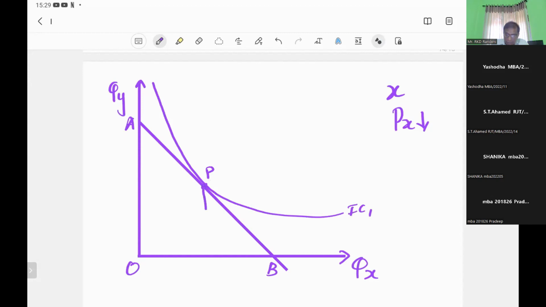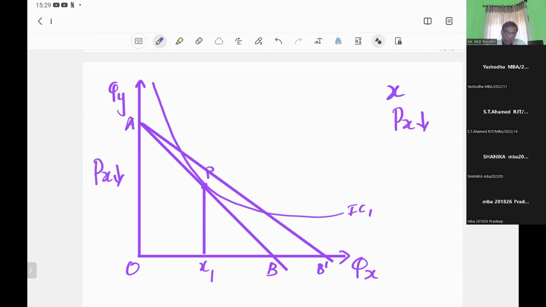Now the consumer can consume OX1. Now assume that the price of X is reduced. Whether the commodity is inferior or normal, the story is the same: he can buy more of X, so the budget line shifts to the right. Then this is the new budget line, AB dash.